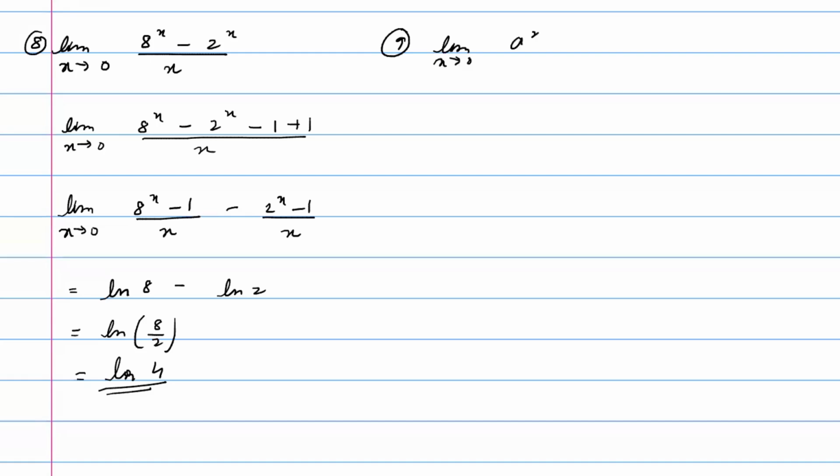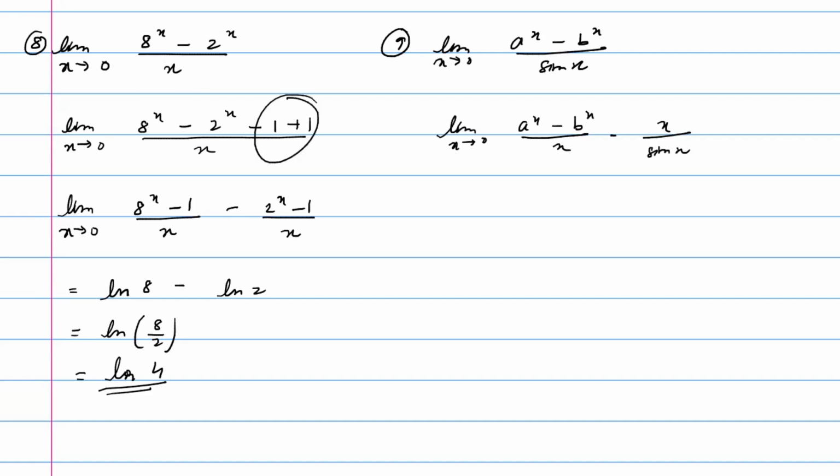Limit x tends to 0, a raised to x minus b raised to x over sine x. We have x below, so we can add it. This is a raised to x minus b raised to x upon x, and we have x over sine x. The way we added and subtracted 1, I can do that here: a raised to x minus 1 plus 1 minus b raised to x. And here I can write it as a separate limit.